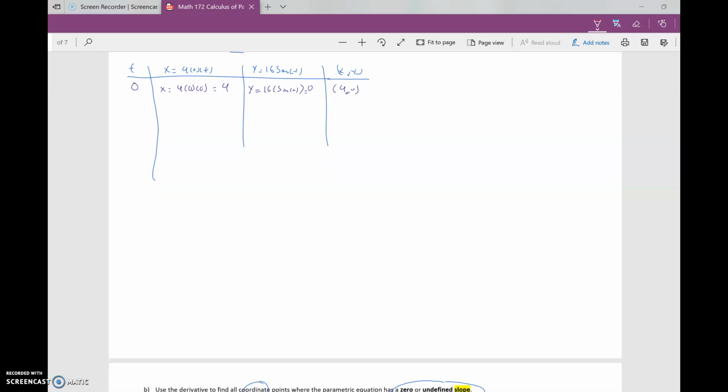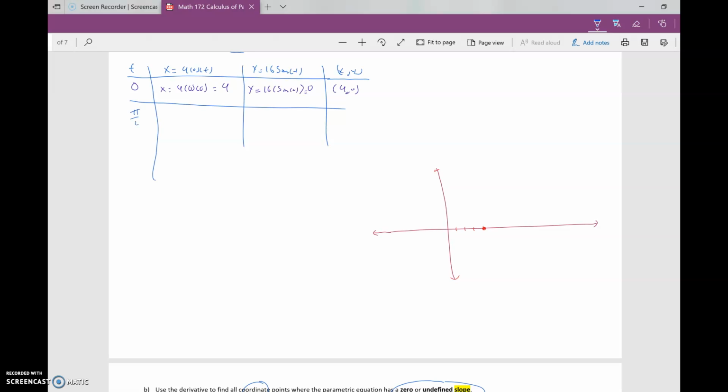So let me try to put it here. So in this case, it's going to be 1, 2, 3, 4. That's our first coordinate point. And let me go for the second coordinate point. Let me use pi over 2.